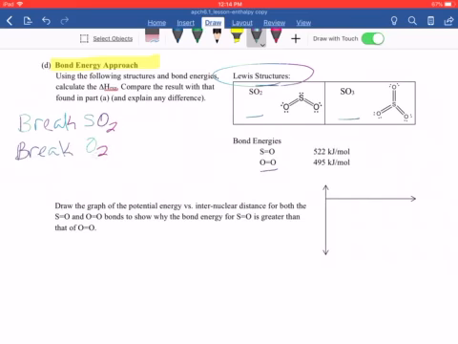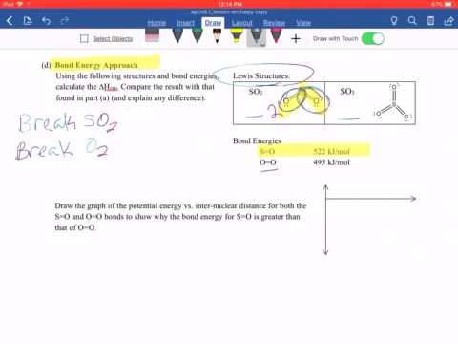And if we look at SO2 right here, we have 1, 2 SO bonds, right? We have 2 SO double bonds, which is that right there. And so we're going to break a total of, because we had 2 SO2s, that means we're going to break 2 of these, right? So we have 1, 2, 3, 4, because we had 2 molecules of the same thing.